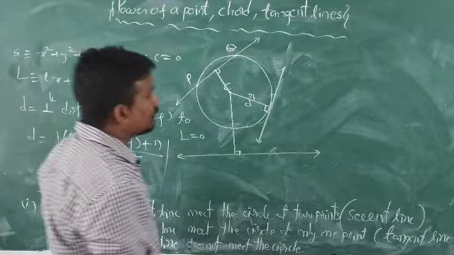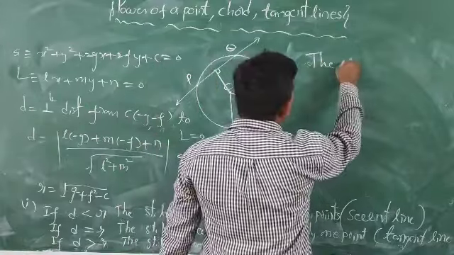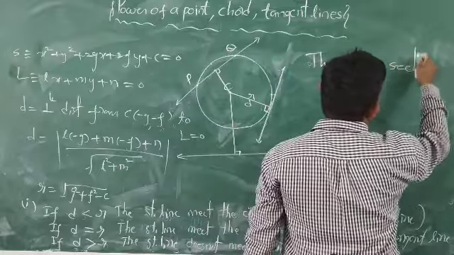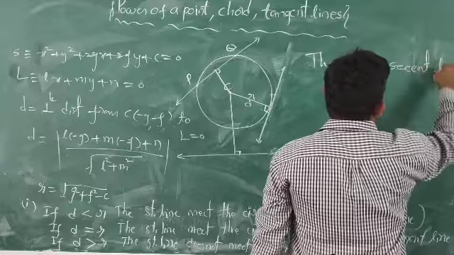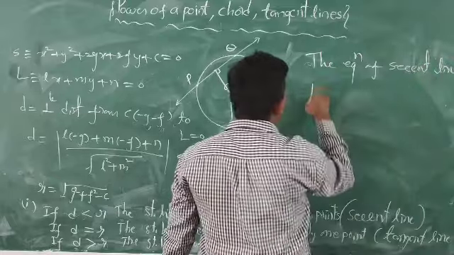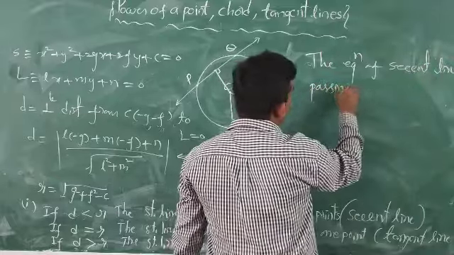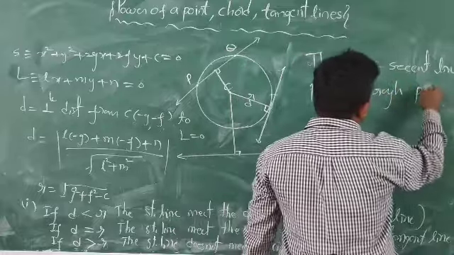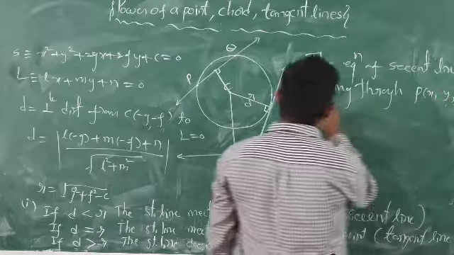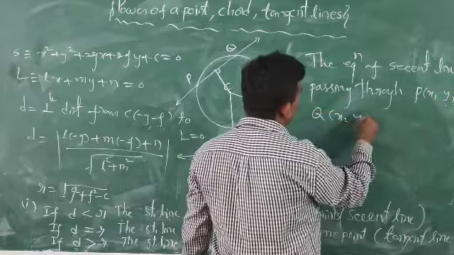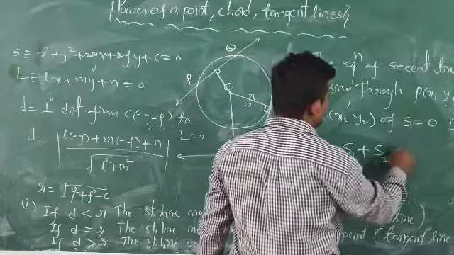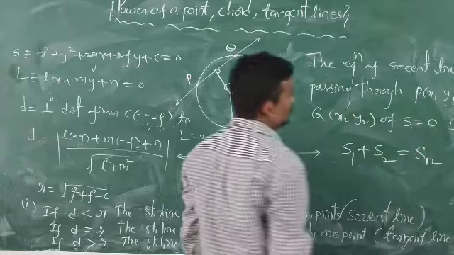The equation of the secant line passing through P(x1, y1), Q(x2, y2) of circle S equal to 0 is S1 plus S2 equal to S12.